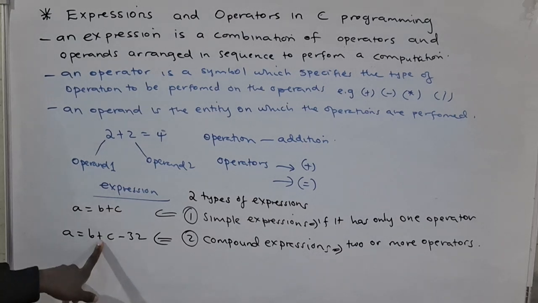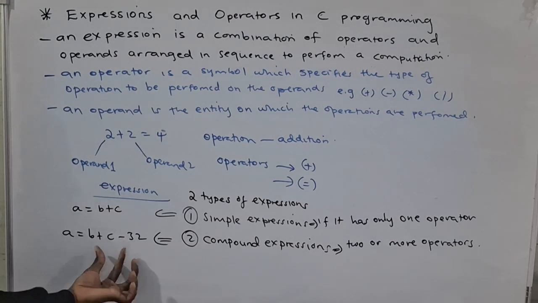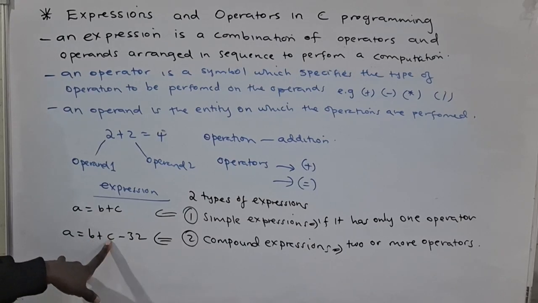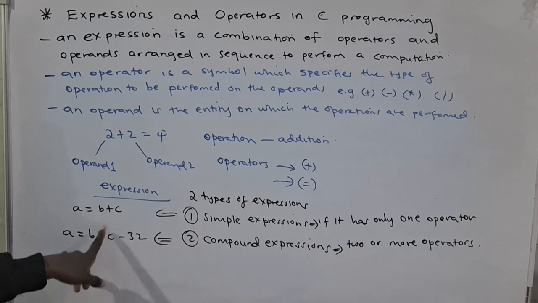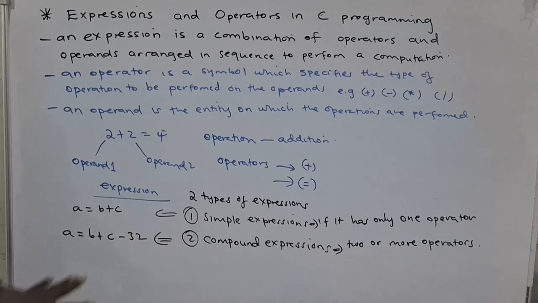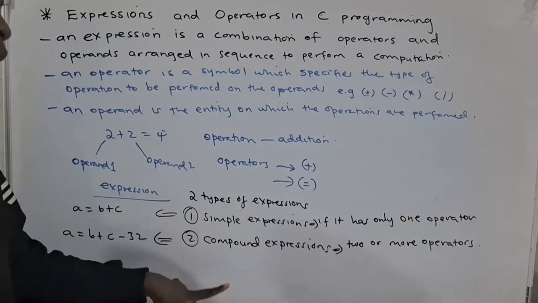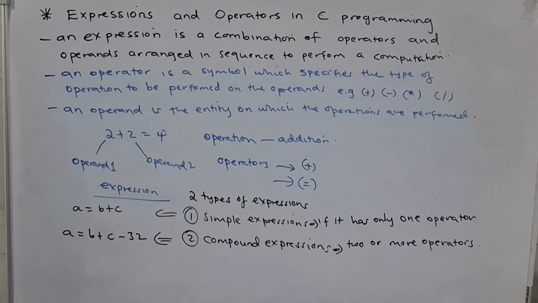I have this positive, I have this negative. Two operators. I have B, C, and 32 as operands. Here there are two operators. That's why I am calling it a compound expression.